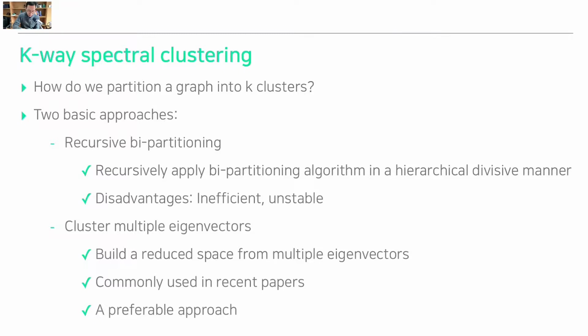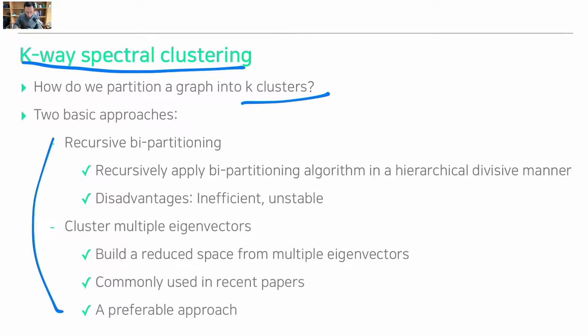So we have K-way spectral clustering. It is to get K different clusters, K different partitions. We have two basic approaches. Now we have the signs plus and minus.